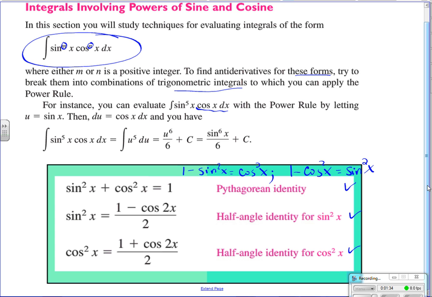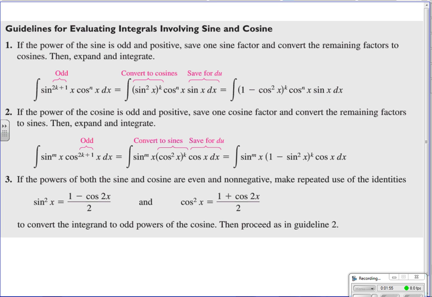Also, taking a sine squared down to a double angle idea: sine squared x is 1 minus cosine of 2x divided by 2, and cosine squared x is 1 plus cosine 2x divided by 2. So those half angle identities will be useful for us. These are just guidelines, and they give us different scenarios to consider.